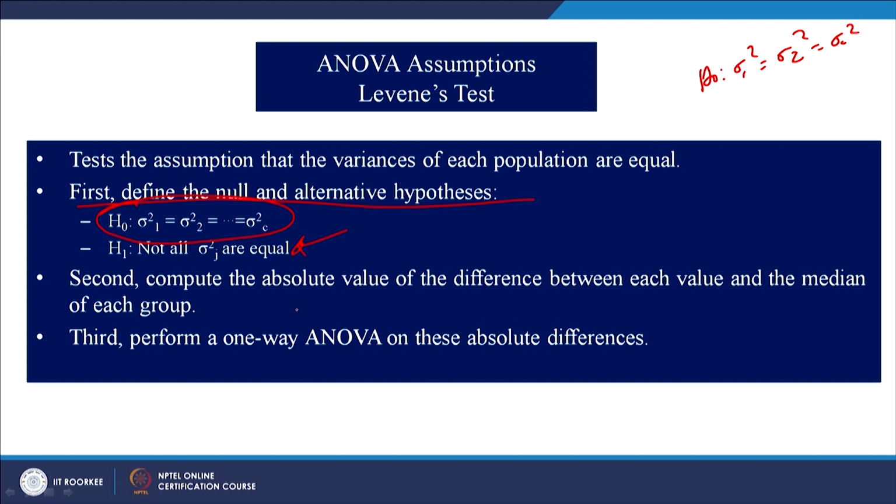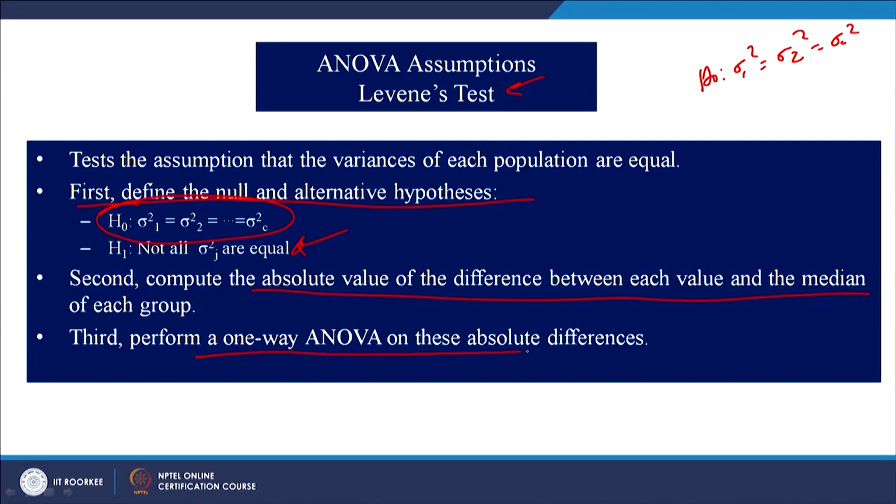The second point in Levene's test is we compute the absolute value of the difference between each value and the median of each group. Every group will have a median. From that median value we will subtract each of those values, and then we will perform one way ANOVA on these absolute differences.